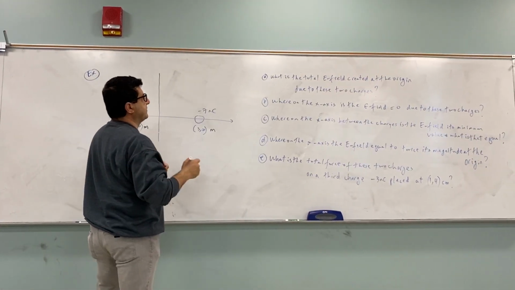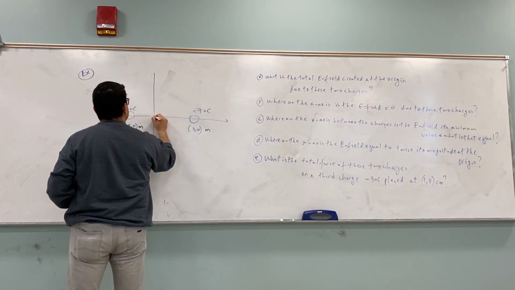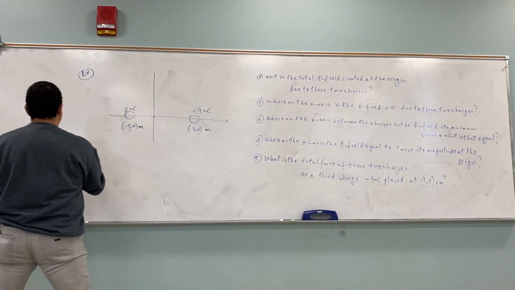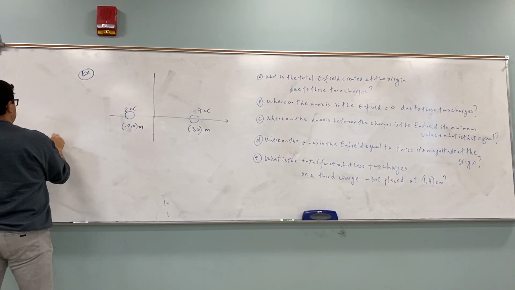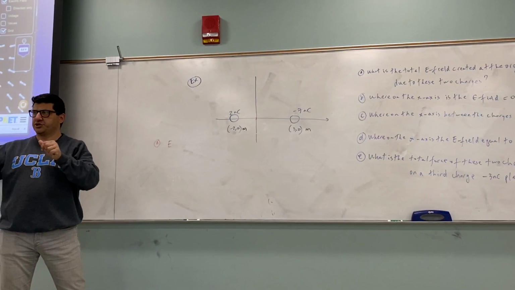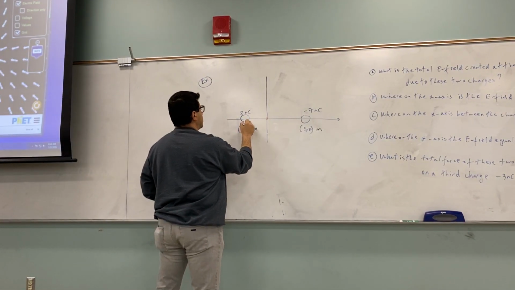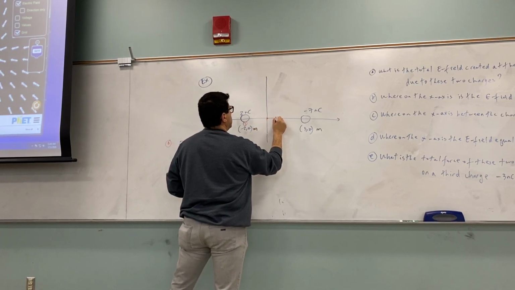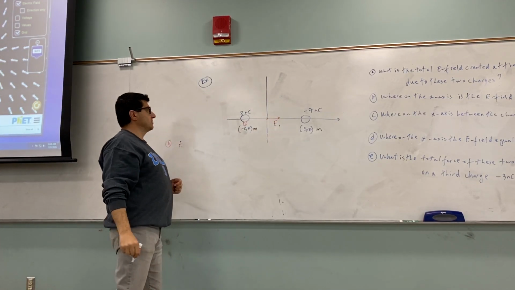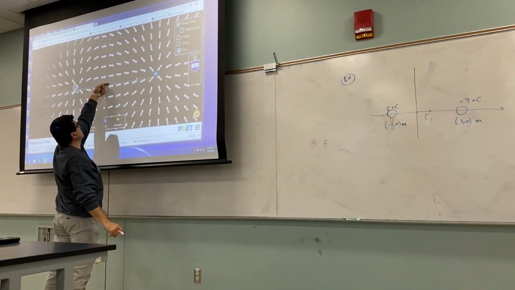So if I want to solve, for example, the electric field at the origin, what's that going to be? Well, I'm going to argue that positive charges create electric field away from it. So I'm going to call this charge 1, so E1 is the electric field created by the positive, this way.